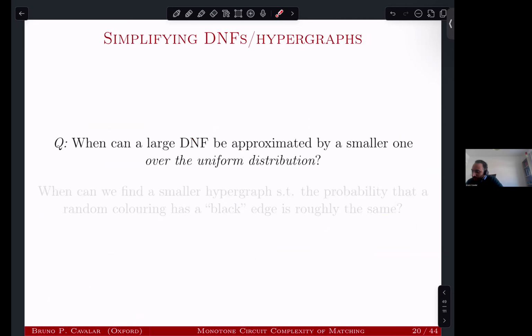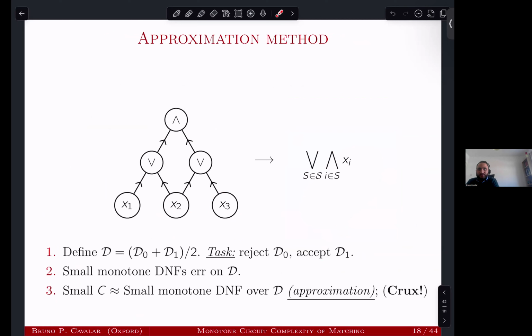Right. But the question we want to understand is how we can approximate monotone circuits by DNFs. And the crucial step that we have to be concerned about is how we can take a large DNF and approximate it by a smaller one. So when you begin with this monotone circuit, let me just go back a bit. Here you already have a DNF by definition, right?